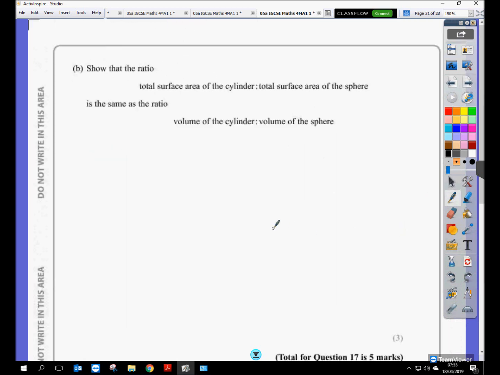Next part, show that the ratio of the total surface area of the cylinder to the total surface area of the sphere is the same as the ratio of the volume of the cylinder to the volume of the sphere. Okay, so we've just worked out the total surface area of the cylinder is 6 pi r squared.